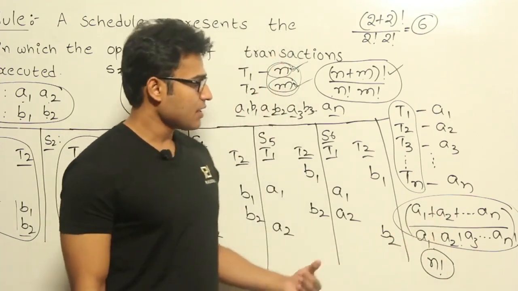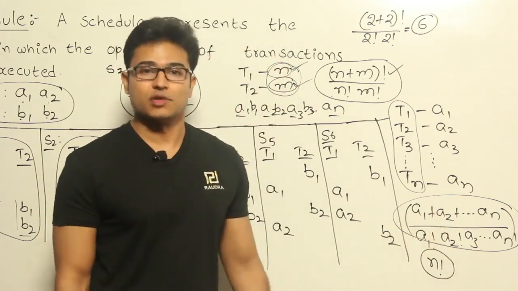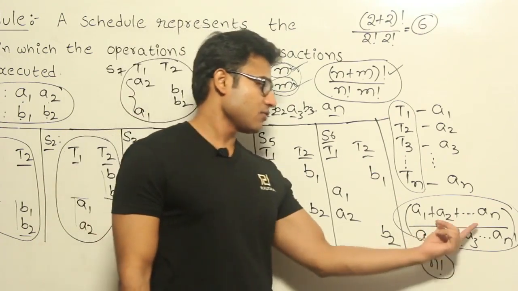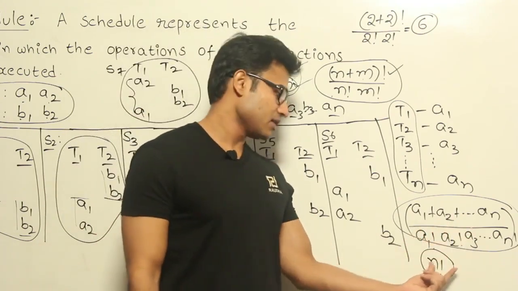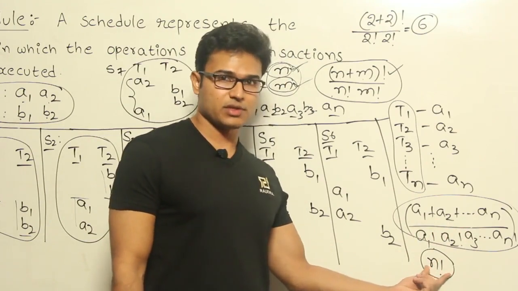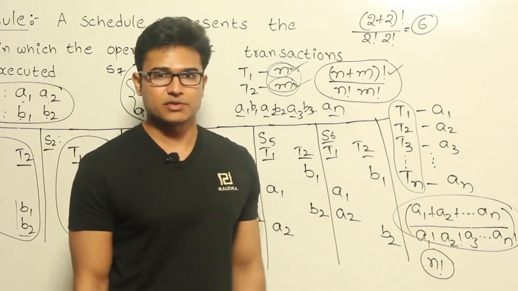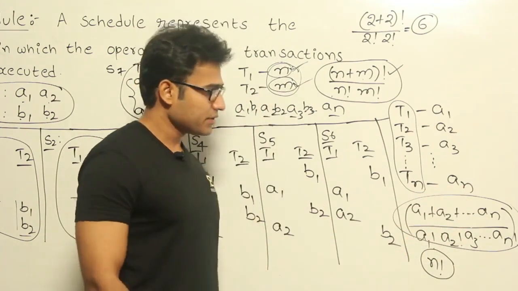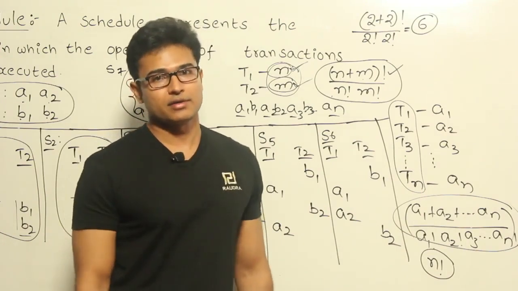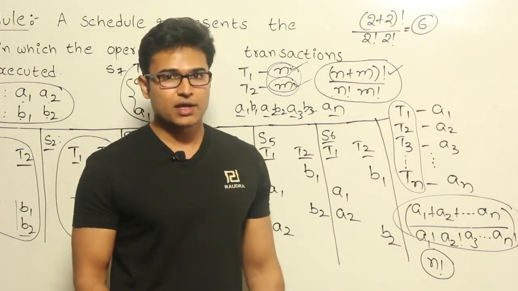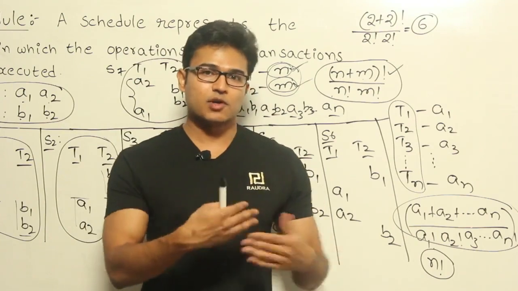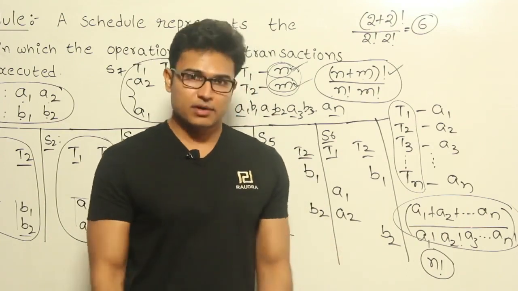If the question is how many non-serial schedules are possible, then from the total number of schedules you can subtract the total number of serial schedules, and you get the total number of non-serial schedules. Got it? Non-serial schedules can also be called concurrent schedules. Why? Because you are mixing up the operations. Whenever you mix up, it is concurrent execution.